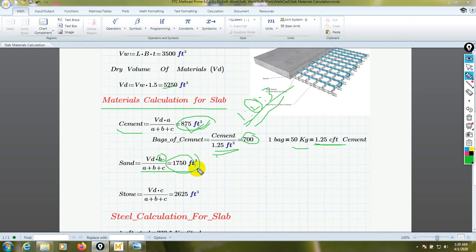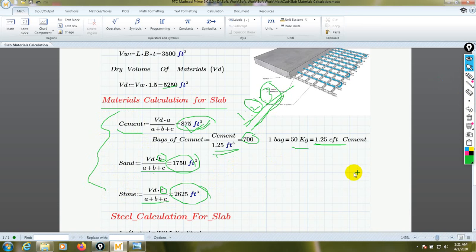For stone, similarly, we multiply by the stone's ratio, 3: VD into 3, where VD is 5250, divided by A plus B plus C, the summation of the total ratio. Then we'll find our stone. In this way we are able to find our quantities.